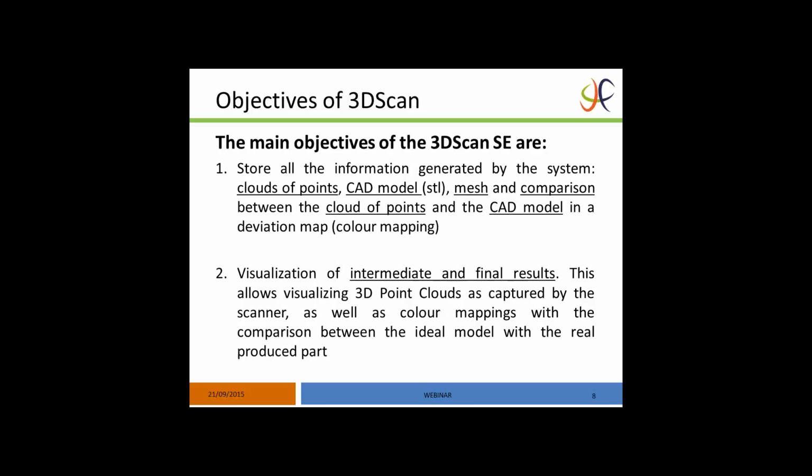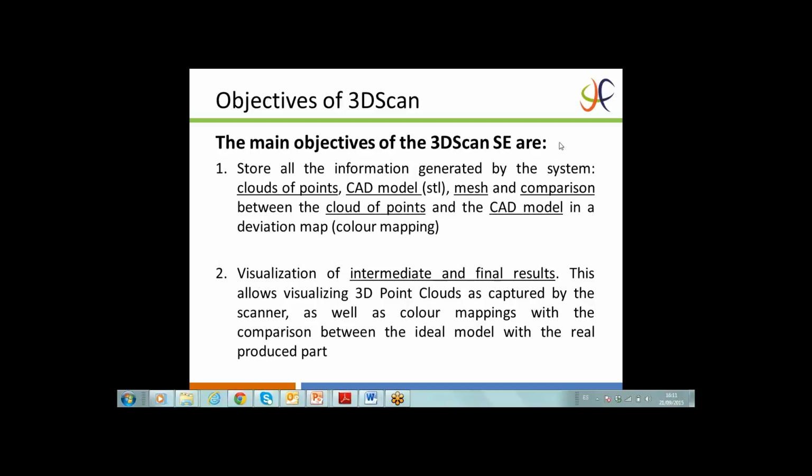More precisely, the information that we can store in our 3dScan specific enabler is generated by the system, and then we have several outputs after scanning these parts. We have the cloud of points, as I said, which is a set of points that represent the surface of the real object. We have a CAD model that we can also store.